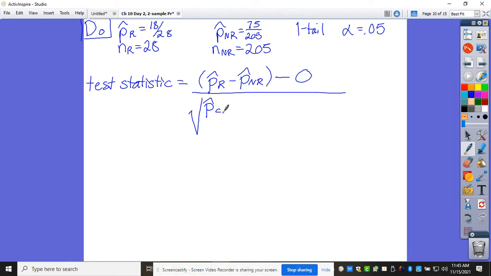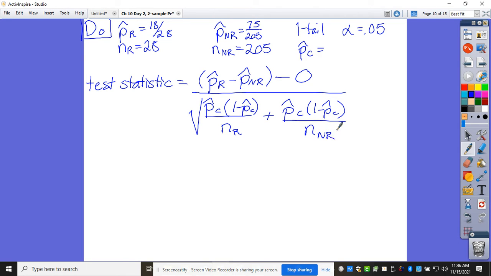If I'm doing P hat C, I should have done P hat C somewhere up here. Did I write that on the generic one? Let's stop and write it down here, and we'll go back to that. Over N R, plus P hat C, 1 minus P hat C over N R.